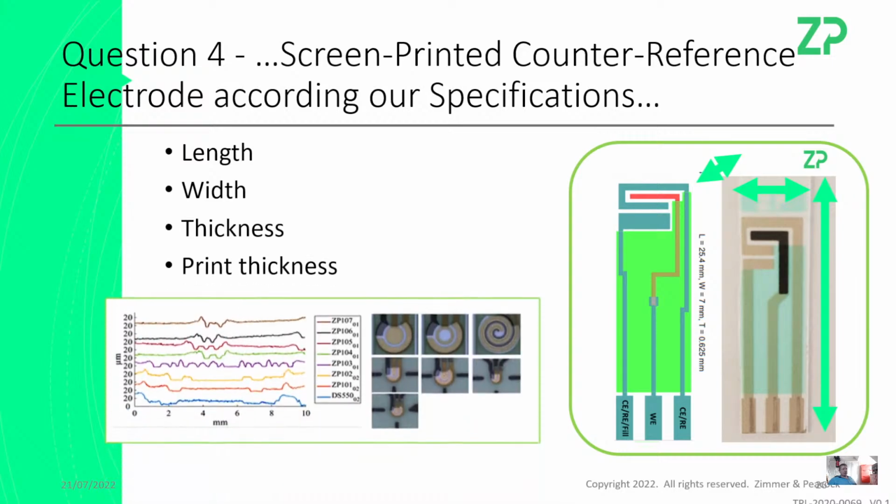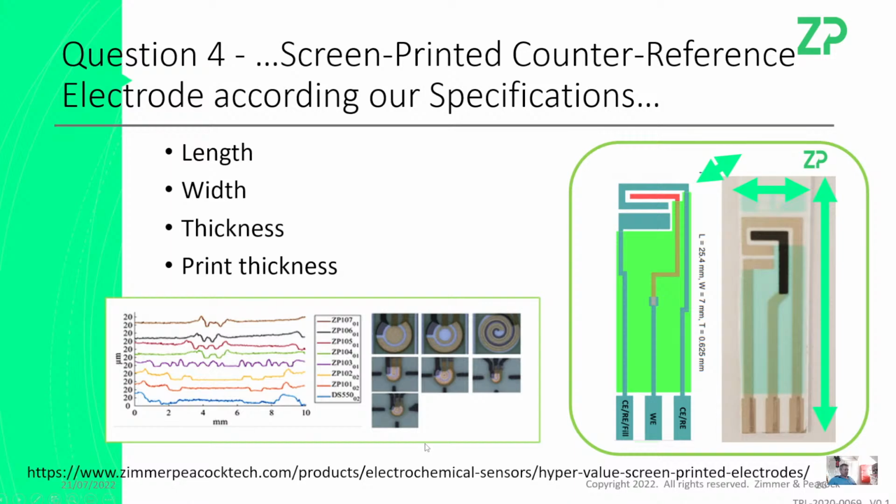And they might ask for a certain print thickness, and that's something that we can characterize at Zimmer and Peacock. We've done it several times, our print thicknesses. So these are kind of obvious things, and the kind of things that people request.